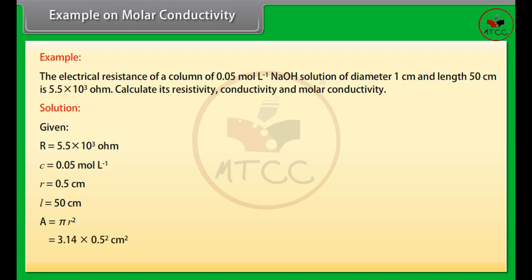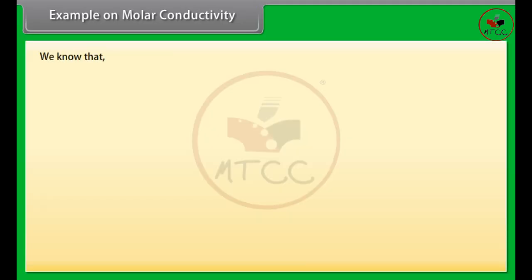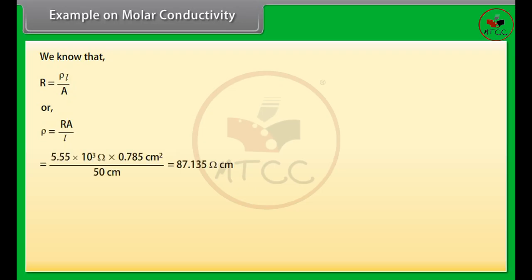By putting the values, we get area is equal to 0.785 centimeter square. We know that R is equal to rho L upon A. By putting the values, we get resistivity is equal to 87.135 ohm centimeter. We know that conductivity is reciprocal of resistivity.